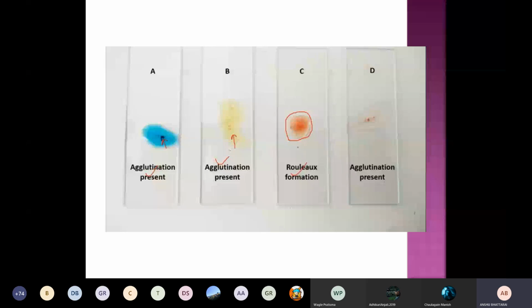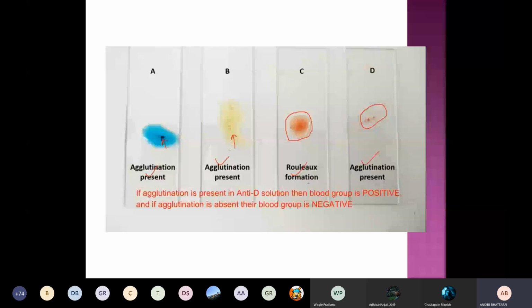And this slide number C is a must during the practical of blood grouping to avoid false positive results. And in slide number D, there is also the presence of dust-like particles. That means agglutination is present. So we did this practical and found that the person has AB positive blood group, because there is a presence of agglutinogen A, agglutinogen B as well as Rh agglutinogen. Clear?